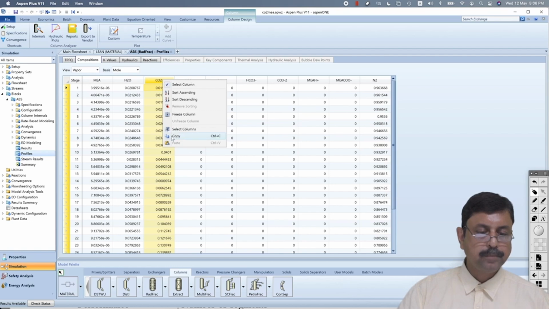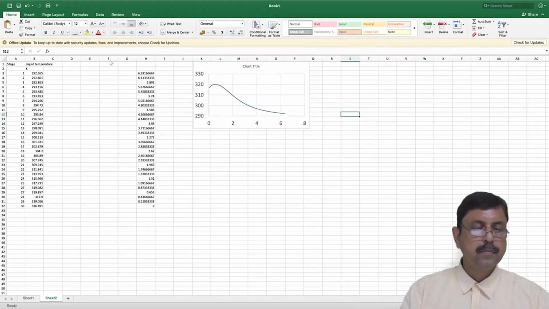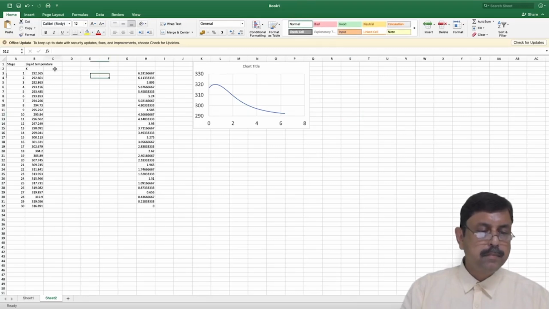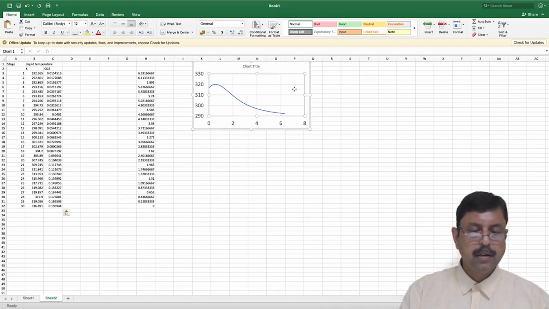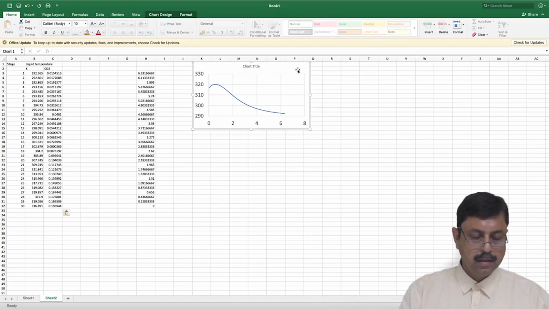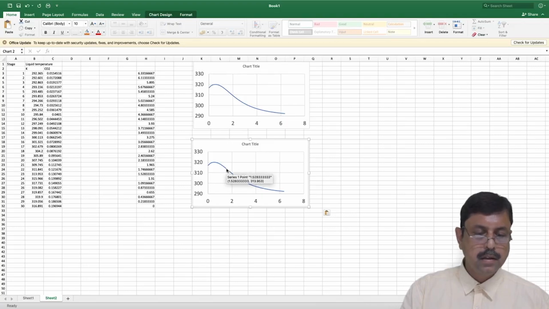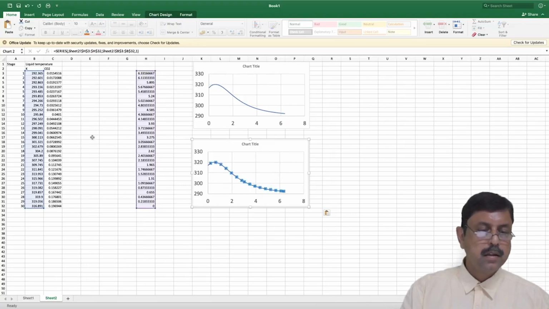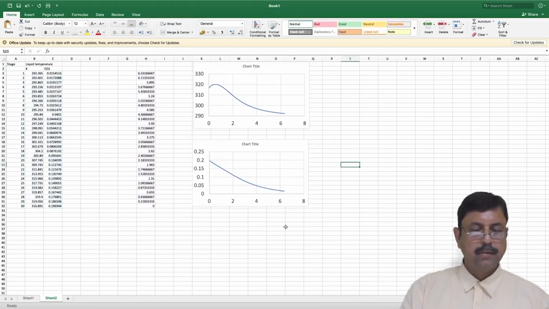Copy. Press it here. And instead of this one, yes.